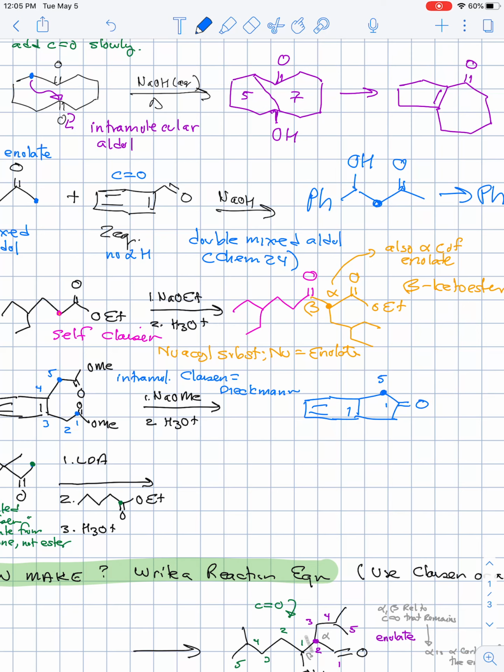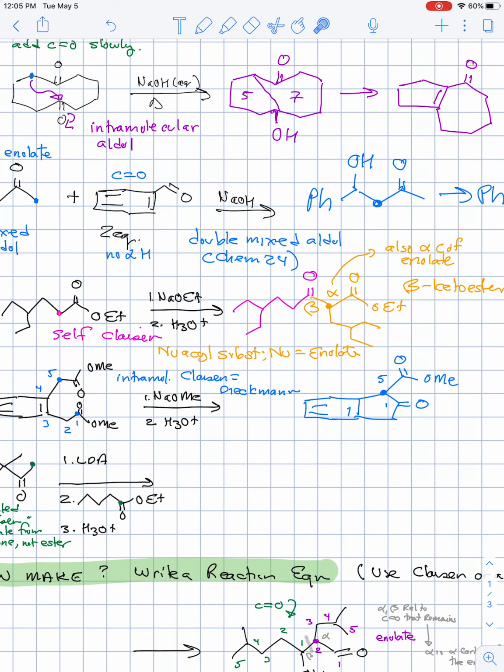So carbon 1 becomes a ketone, and carbon 5 has the ester attached to it. And that was a methyl ester, not an ethyl ester. So we get that. And again, even though it looks a little strange compared to linear compounds, we still have a beta keto ester. And this is the one that was the alpha carbon of the enolate, and it is now alpha to both of the carbonyl groups.